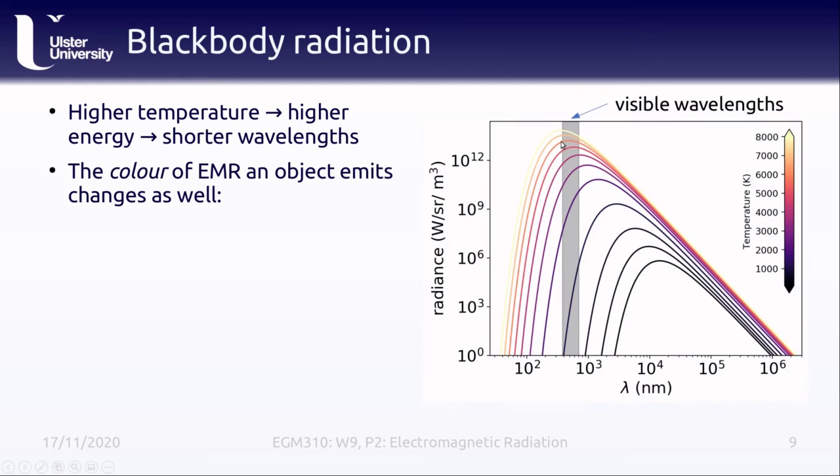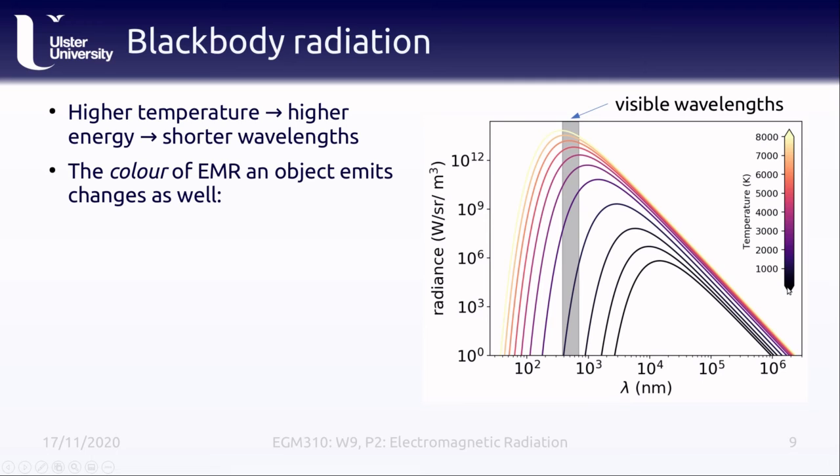The plot here shows how an object's radiance, or the amount of energy emitted, varies with both wavelength and temperature. Note that this is a semi-logarithmic plot. The steps on the y-axis here represent an increase of 1,000, while the steps on the x-axis go from 100 to 1,000 to 10,000 and so on.